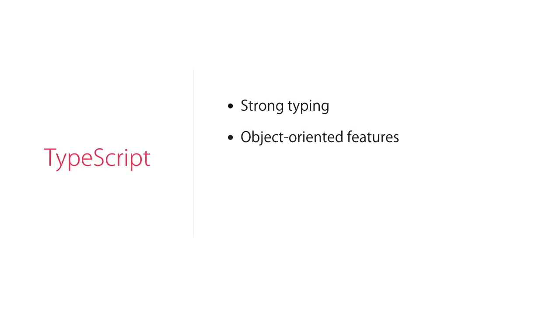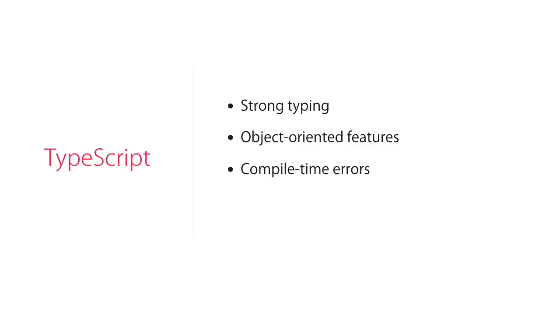TypeScript also brings quite a few object-oriented features that we have missed in JavaScript for a long time. We have the concept of classes, interfaces, constructors, access modifiers like public and private, fields, properties, generics, and so on. You're going to learn about this in this section. Now, another benefit of using TypeScript is that with TypeScript, we can catch errors at compile time instead of at runtime. Well, of course, not all kinds of errors, but a lot of errors.